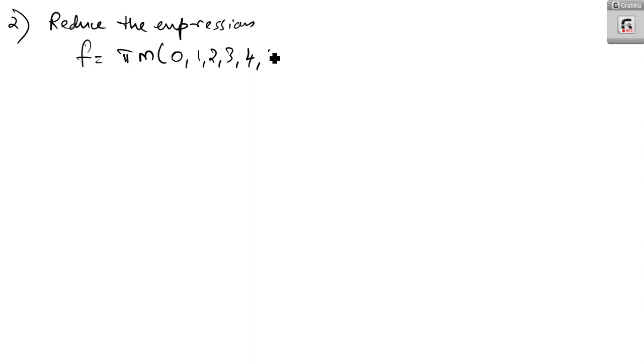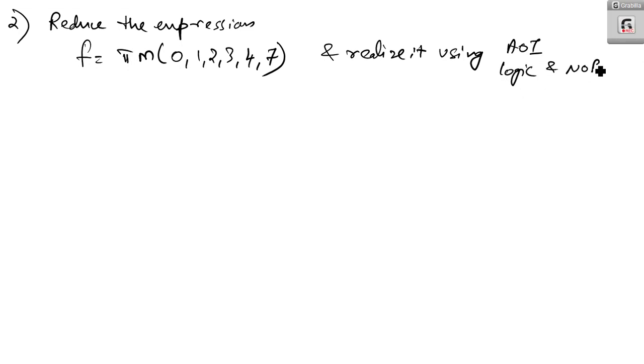reduce the expression F is equal to pi m of 0, 1, 2, 3, 4, 7 and realize it using AOI logic and NOR logic.